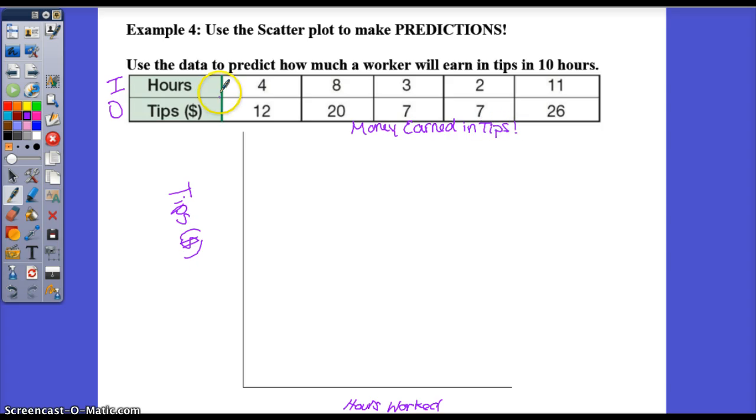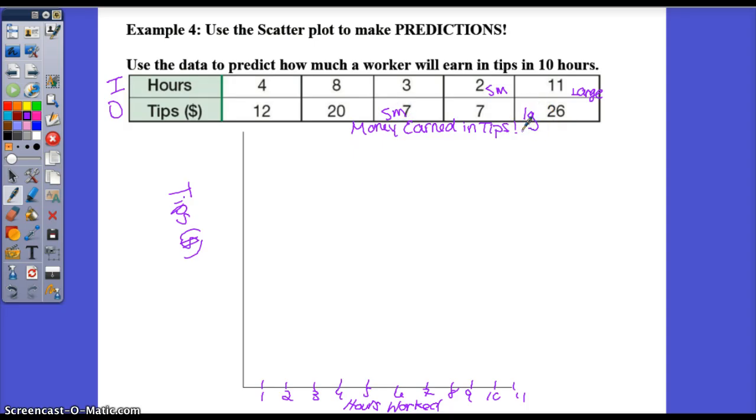Now let's look at our X. The smallest is 2, and the largest is 11. That's only a difference of 9, so I would just go by ones here. So let's go 1, 2, 3, 4, 5, 6, 7, 8, 9, 10, 11. Here my smallest is 7, and my largest is 26.